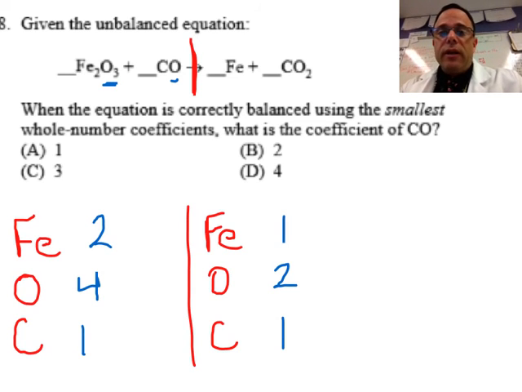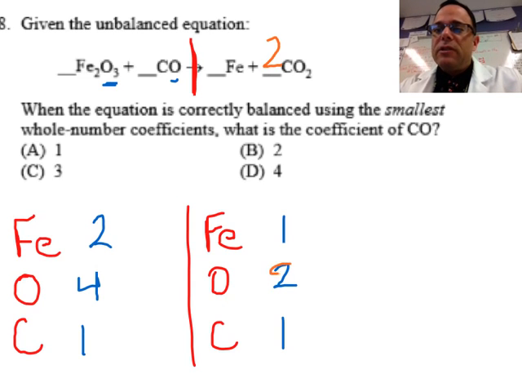Now, what I'm going to do next is inspect. My irons do not balance, but I do notice that this is free iron, and in order to balance that, it's easy to do at the end. I could just always bump this number up without affecting any others. My oxygens do not balance, but my carbons do. So let's increase the number of oxygens by putting a 2 here.